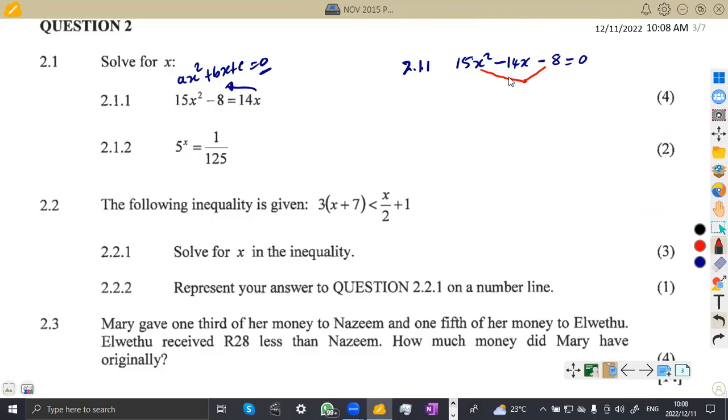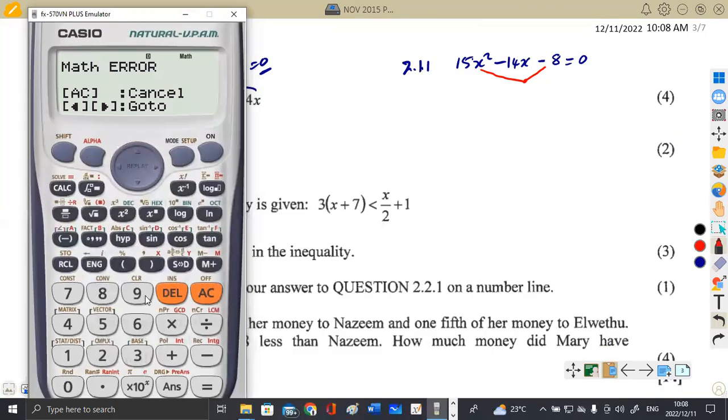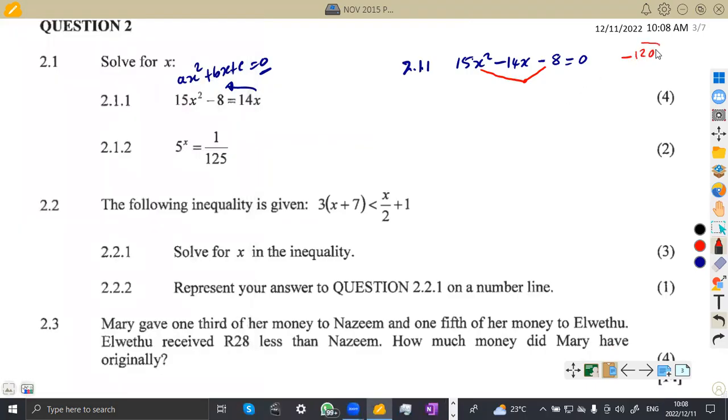Multiplying the first term by the last term, what we have is 15 by negative 8, which is something like negative 120. So all you need is to find the factors of negative 120 which, when you add these factors, you must obtain a negative 14. All right. So that's the idea that you actually need in this case.